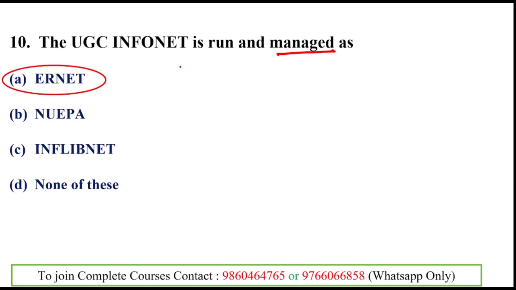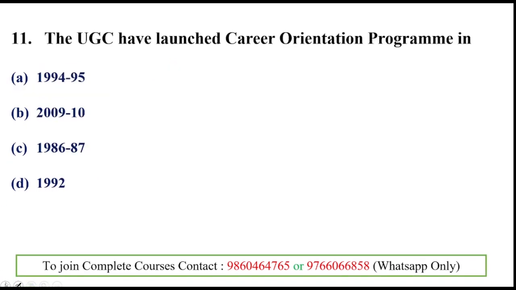It was formally launched in December 2003 by the Honorable Prime Minister. Okay, so here the UGC InfoNet is run and managed as INFLIBNET. Okay, we move into next one.